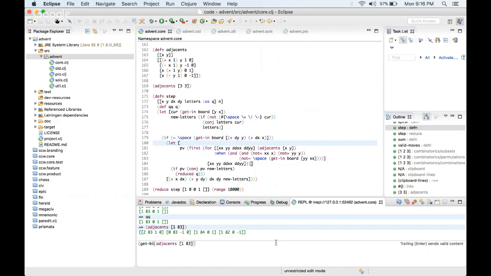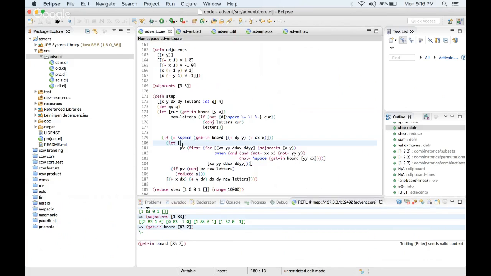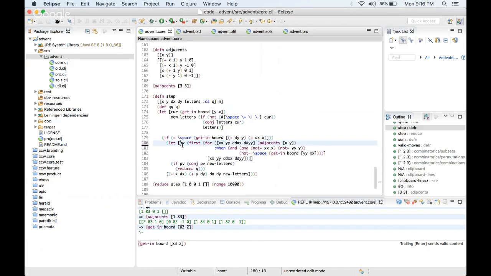Get in board. E3, 2. All right. So I think it should just know that it should just take it. So PV being this, then it should take this next step here.